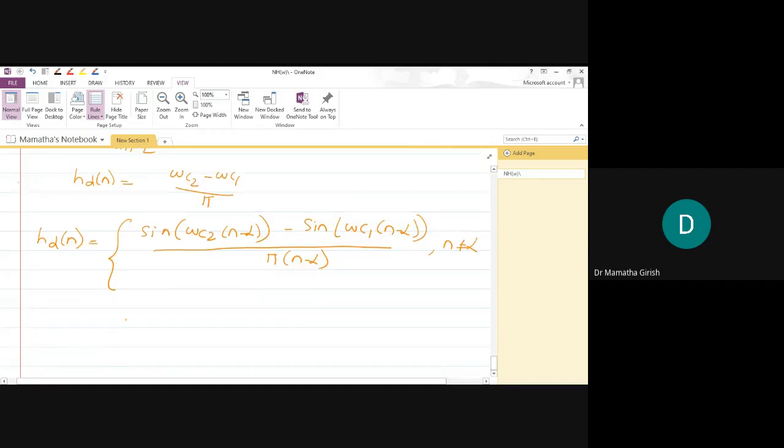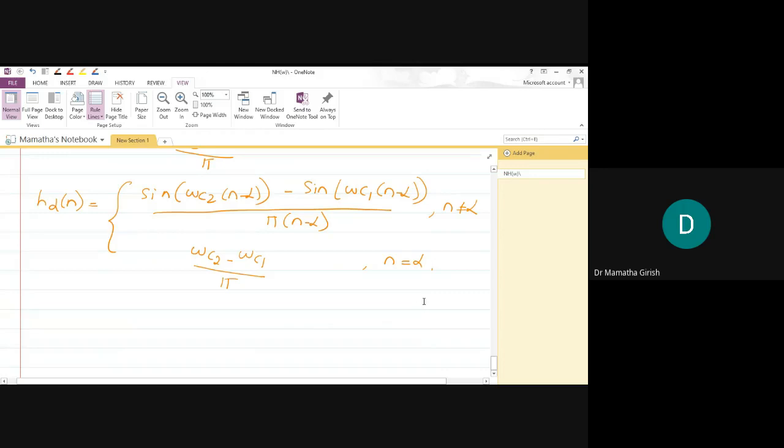Similarly, for the case when n is equal to alpha, hd of n is omega c2 minus omega c1 divided by pi. So this is the solution for the first part of the problem.